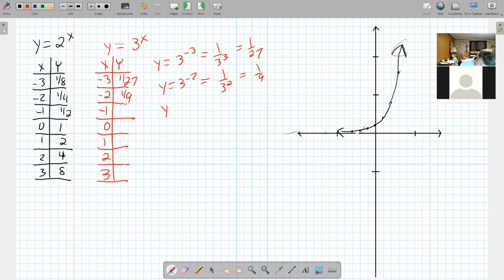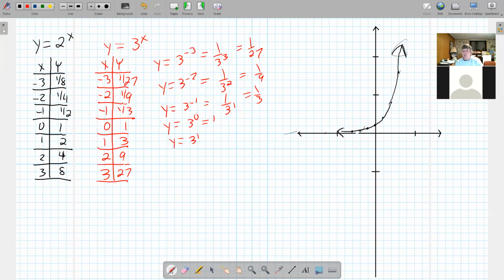If x equals -1, y equals 3 to the -1, which is 1 over 3 to the 1, which is 1/3. If x is 0, y equals 3 to the 0 power, which is 1. If x is 1, y equals 3 to the 1, which is 3. Y equals 3 squared is 9, and 3 cubed is 27.